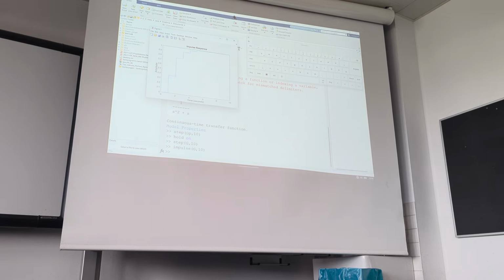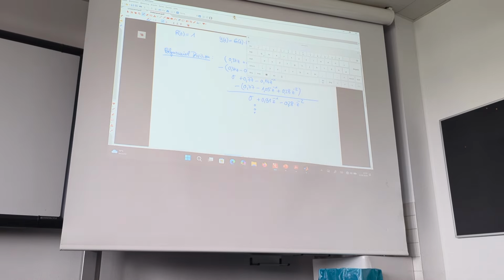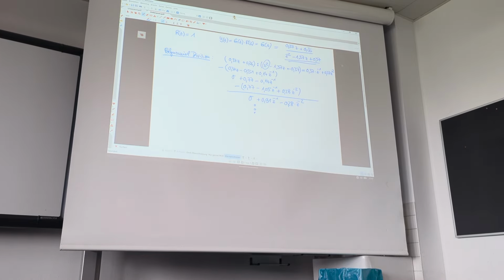So let's quickly counter check. Here we have the possibility to provide a data tip. And if I click on one step here, then see, 0.368 is the first step. And that was exactly the result from our polynomial division.